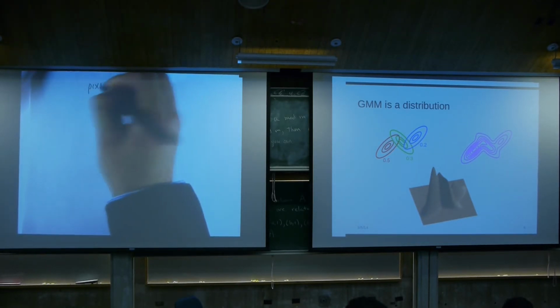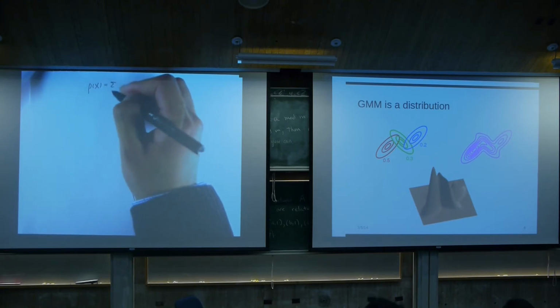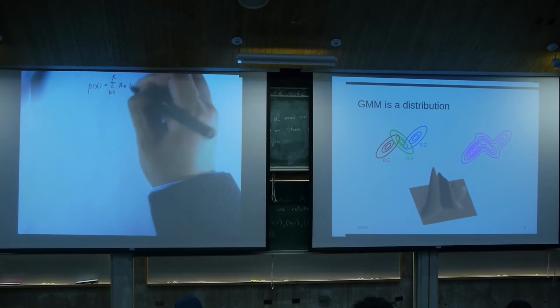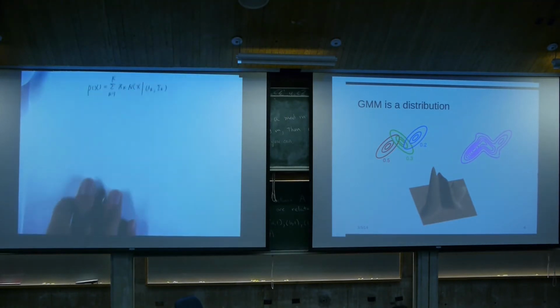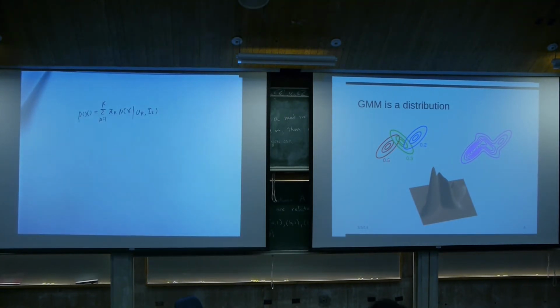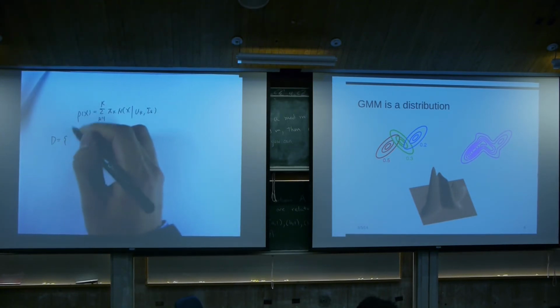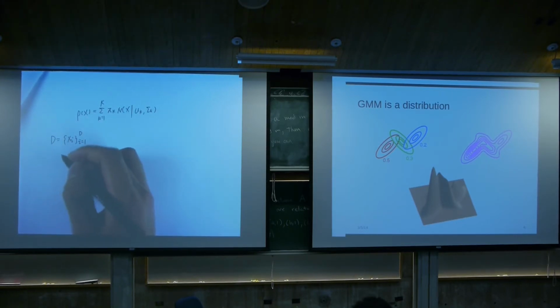We know that given a point x, under a Gaussian mixture model, the density function is as above. Now we have a data set D, which contains n points, and we can define a likelihood over the data set.